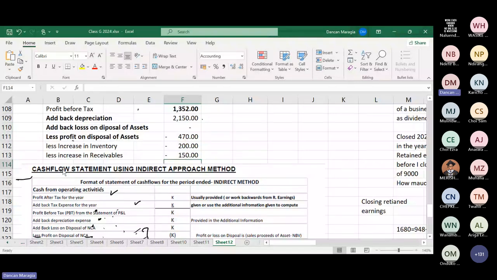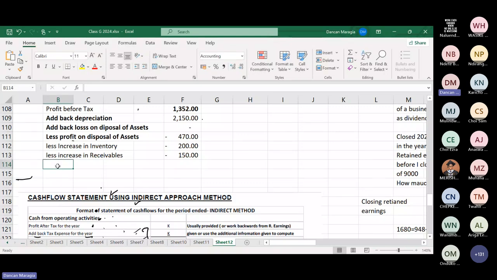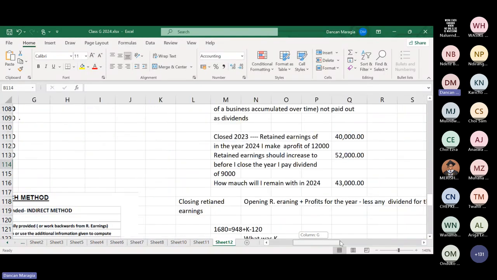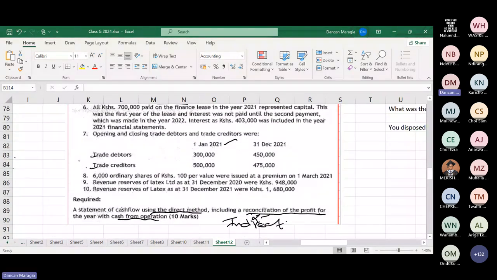And then we have payables. Let's check the change in payables. Trade creditors last year were 500, this year 475. Decreased by 25,000. It indicates there is a decrease, madam. Yes.